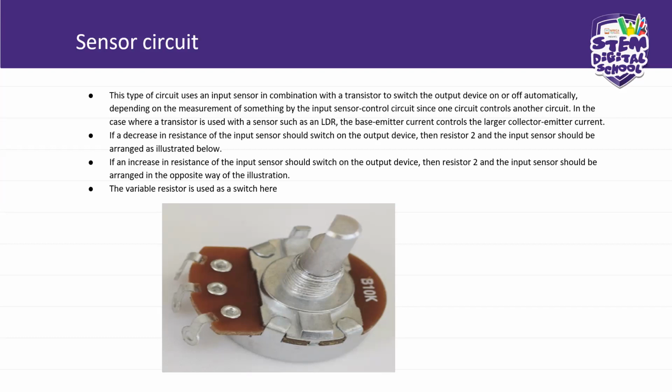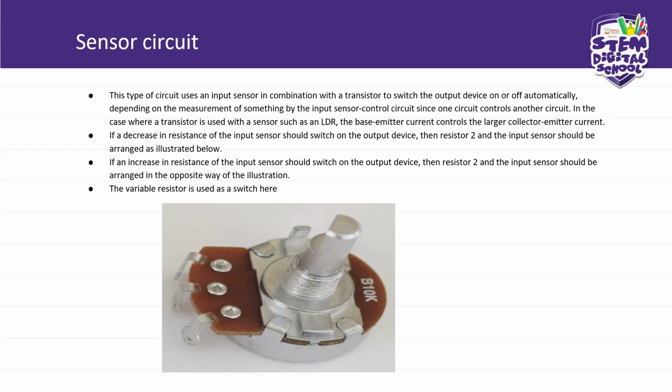When we look at a sensor circuit, you must really concentrate on that in grade 9. Grade 8 doesn't do sensors. It's just us, grade 9, who are starting with sensors. There are many sensors out there, but in grade 9, we only do these 3. A sensor circuit uses an input sensor in combination with a transistor. Do you remember a transistor? A transistor has a base, a collector, and an emitter.